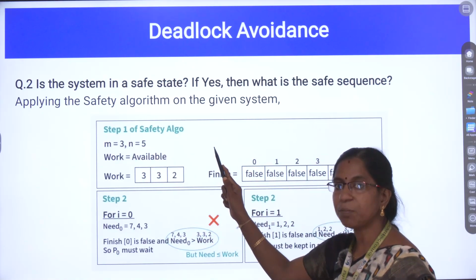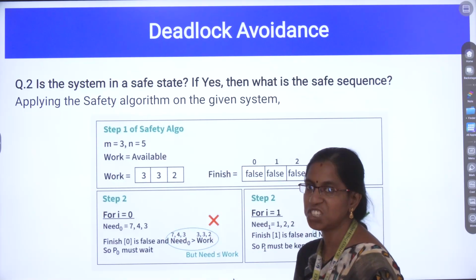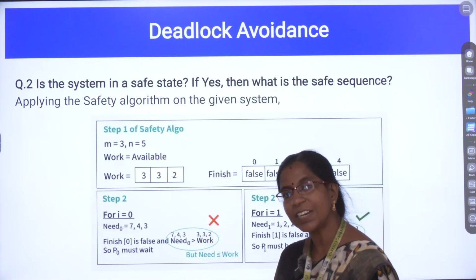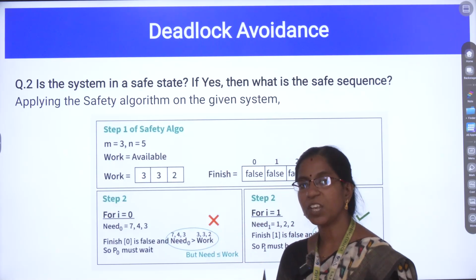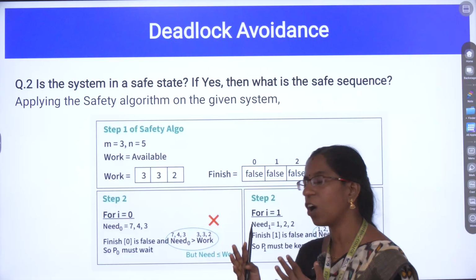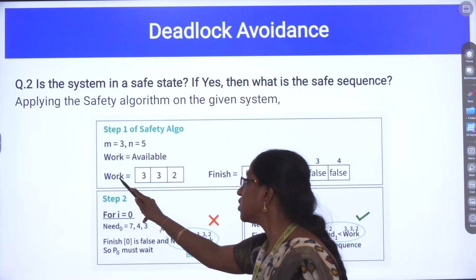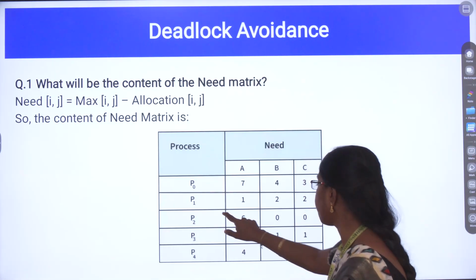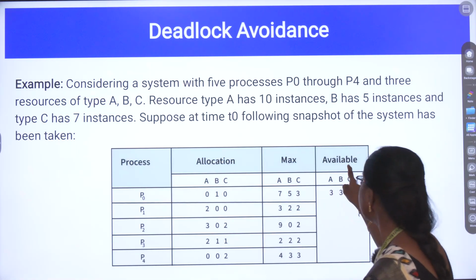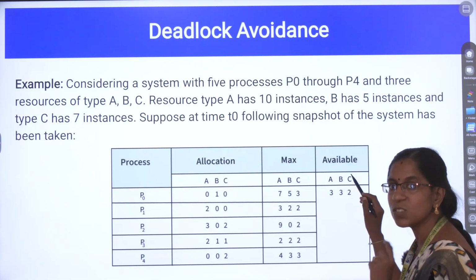In the first step, we initialize work as available. How much resources are allocated for a particular process? For P0, how much allocation? P1, how much allocation? P2, how much allocation? This is available, and this is called work. So work is equal to 3 3 2, the available, which is first initialized as work.